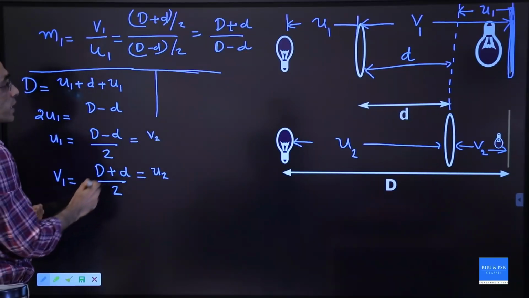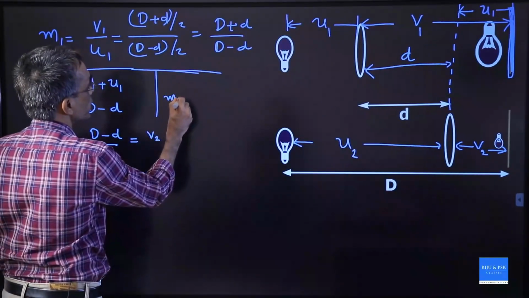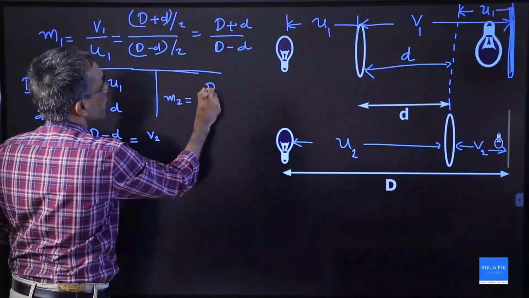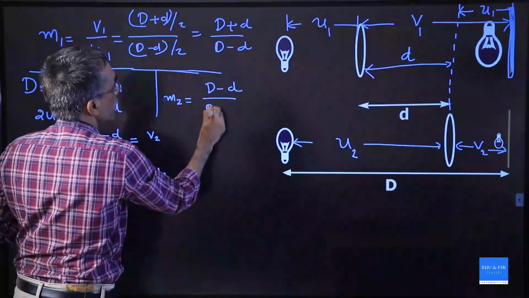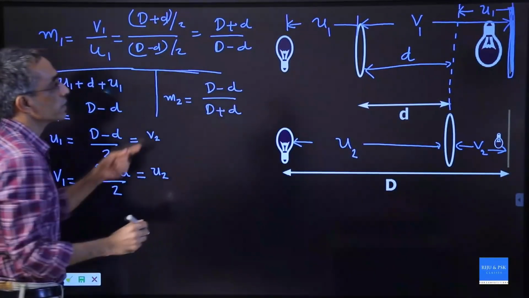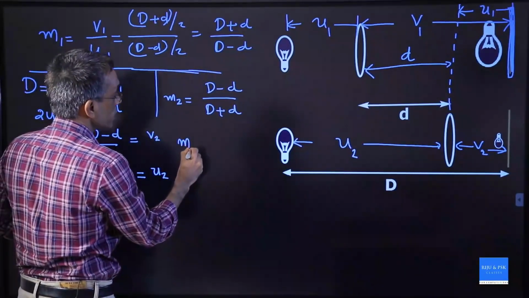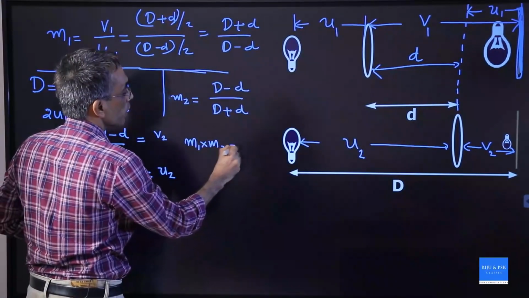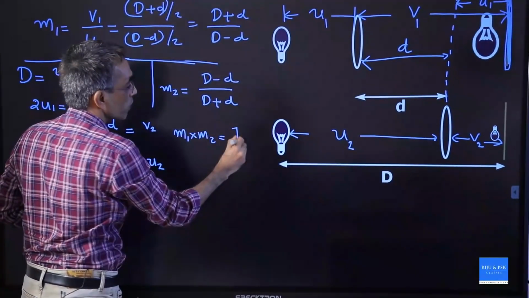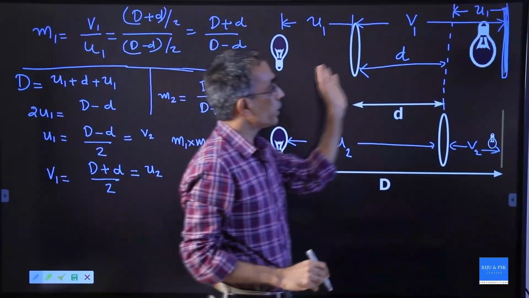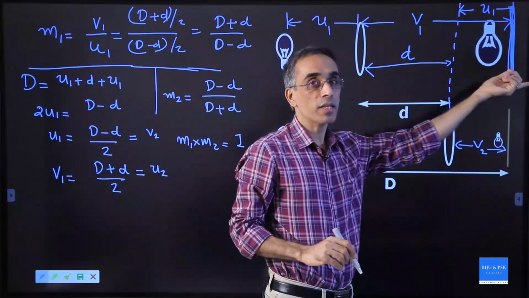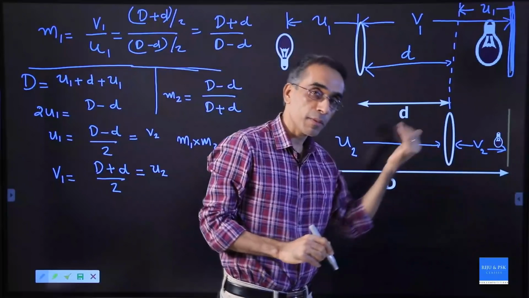Similarly, you can try the second magnification. If you work it out, you will get (D minus d) by (D plus d). You can see that this magnification will be less than 1, and more than that, what is M1 into M2? M1 into M2, you will get it as 1. What does it mean? If the image is 10 times larger in the first case, the image here is 10 times smaller.